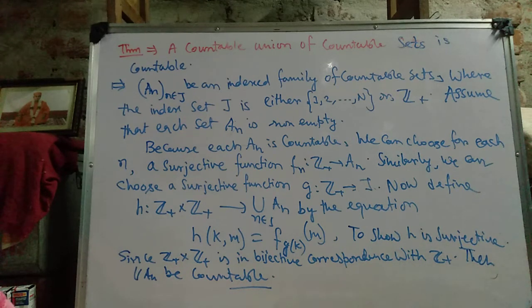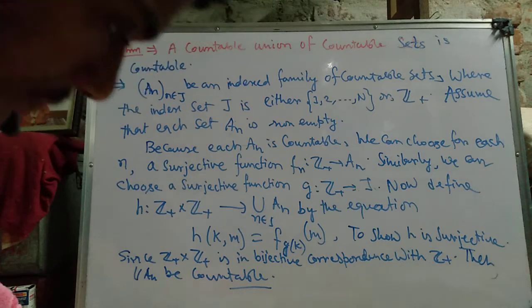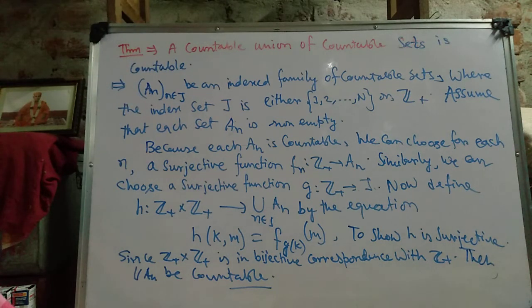To show that H is surjective, since Z plus Cartesian product Z plus is in bijective correspondence with Z plus, the union of A n is countable. So a countable union of countable sets is countable.